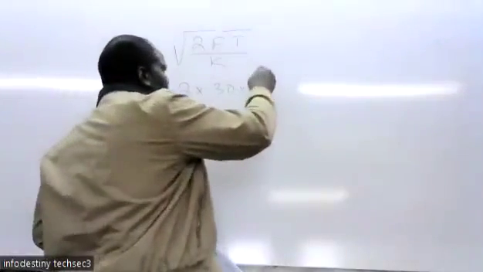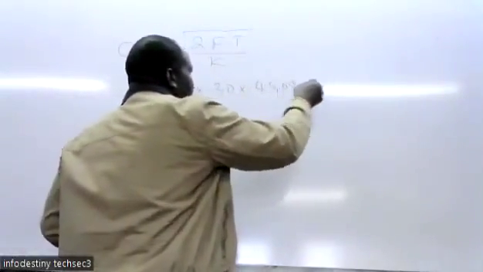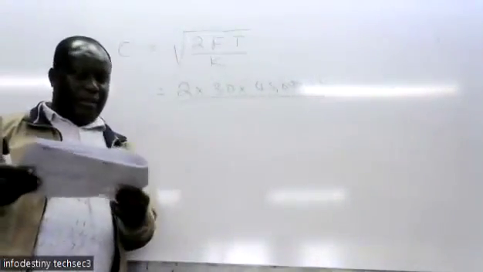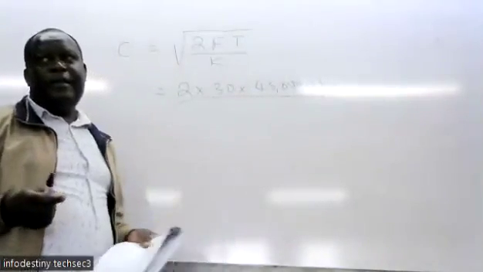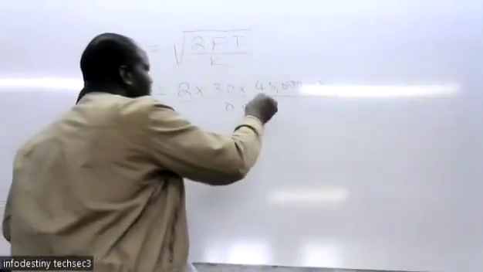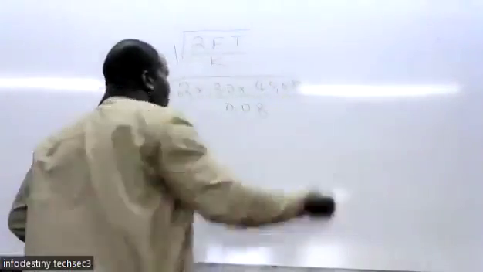So multiplied by 45 millions. K is the interest rate. What are we given there as the interest rate? 8%. So 8% is the same as 0.08.